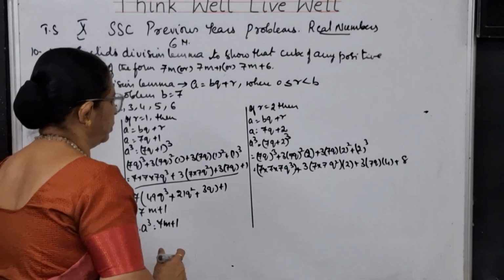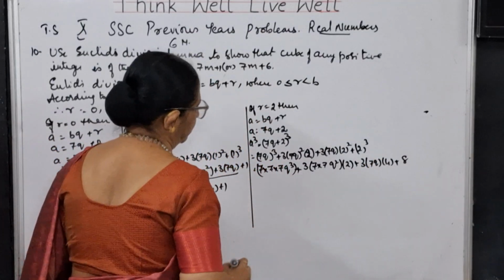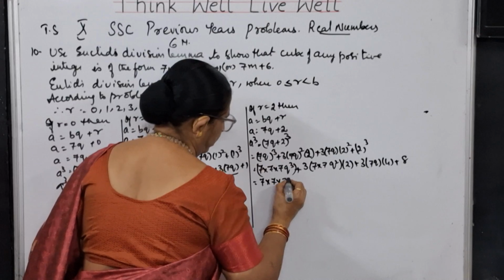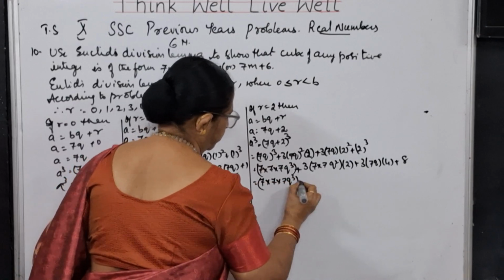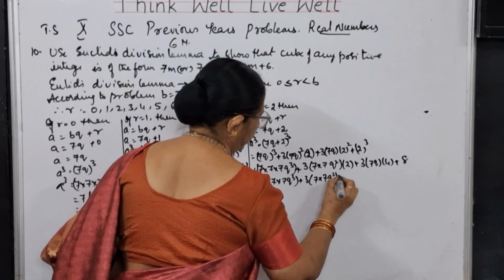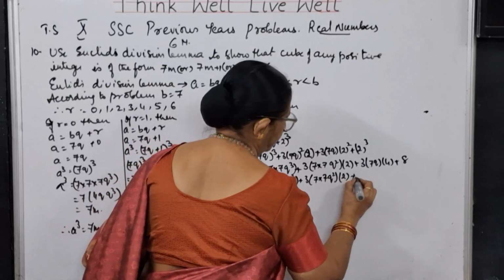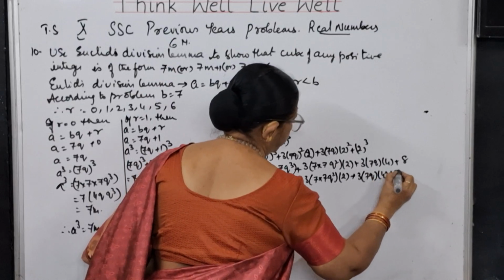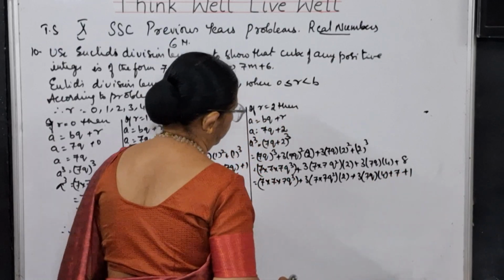So, what can I do here? 8 can be written as 7 plus 1. So, 7 into 7 into 7 q cube plus 3 into 7 into 7 q square into 2 plus 3 into 7q into 4 plus 7 plus 1.